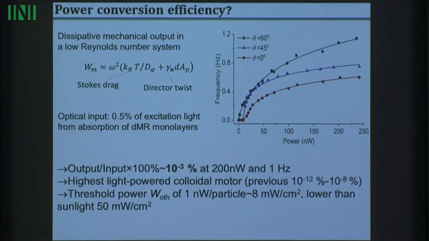Well, if you divide output by input and multiply by 100%, at some 200 nanowatt we can get fairly good efficiency, which sounds kind of modest, on the order of 10 to the power minus 3%, not so efficient, you would say, but you would be amazed that this is still by far the most efficient light-powered colloidal motor so far, because the ones demonstrated before us were in the range of 10 to the power minus 12, minus 8, right?